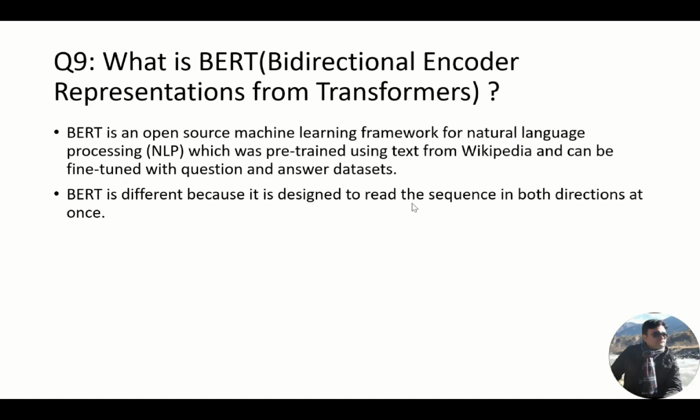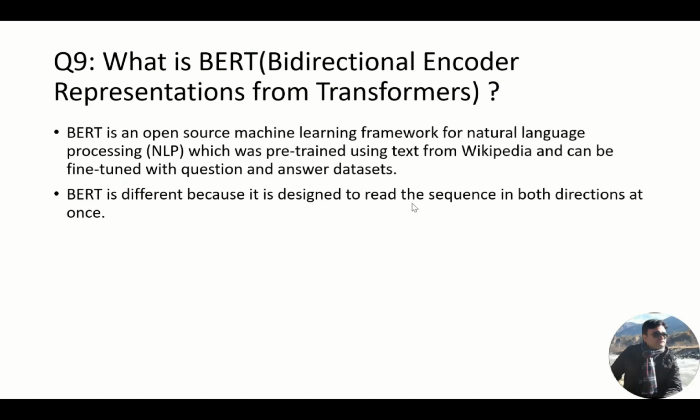So this model is basically pre-trained on Wikipedia, and it is capable of giving you the answer to whatever we find in Wikipedia. So this is the specialized model which is trained on Wikipedia. Okay.